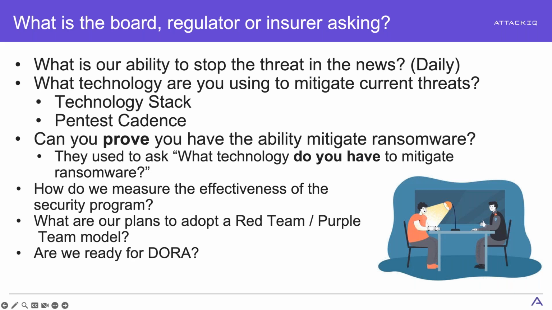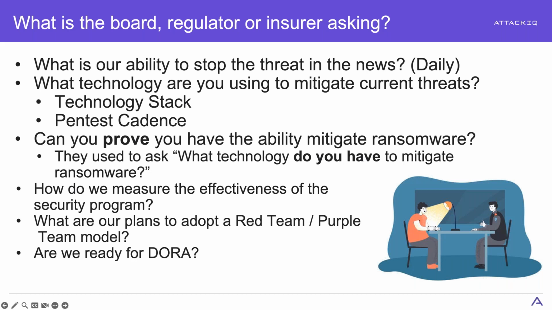Other questions that we see quite a lot, and this is more from when dealing with other organizations, maybe some of your regulators are asking you these questions, but what they used to ask is, what technologies are you using to mitigate current threats? What are you using to mitigate ransomware, as an example? And previously, your team could just fill out a form, a paper exercise, and say, this is what I'm using. The regulator or the other person would say, great, that sounds awesome.